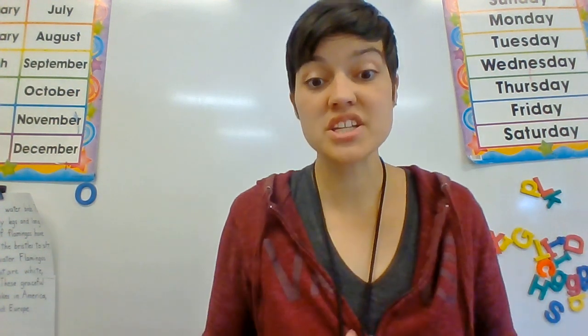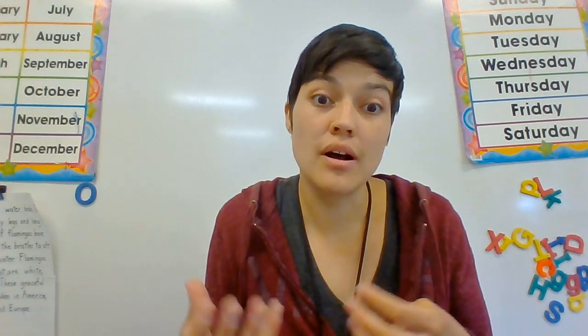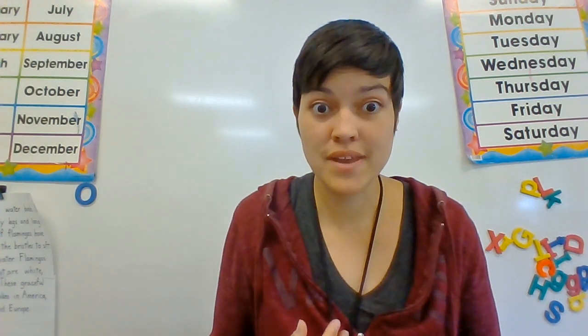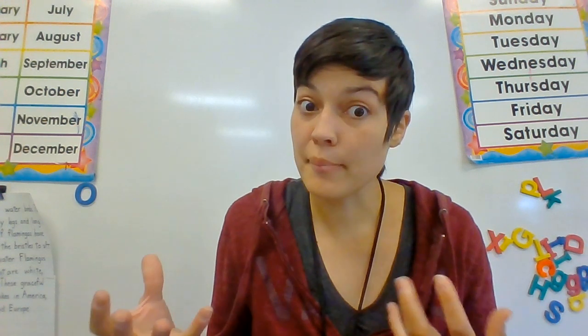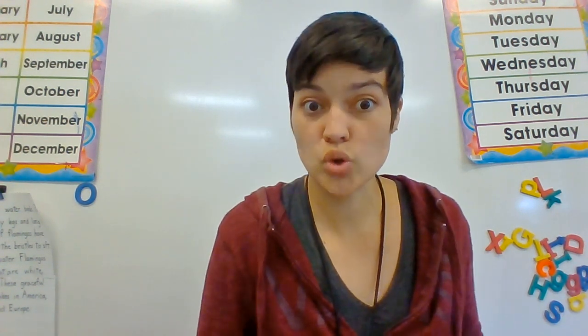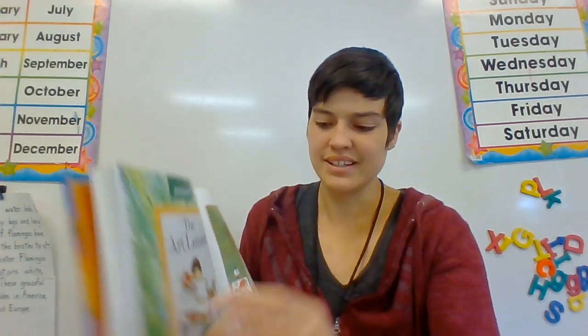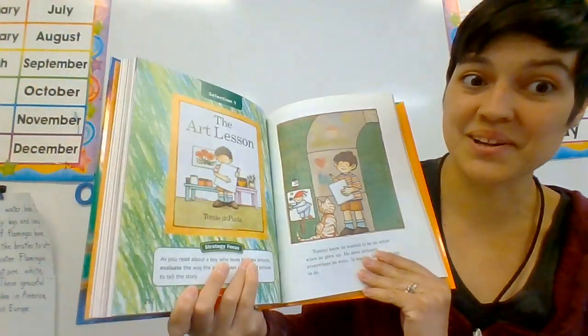So today we are going to talk a little bit about author's viewpoint. That means what the author thinks or how they feel. So the author, remember, is the writer of the story. And let's think about the story we've been reading lately called The Art Lesson.